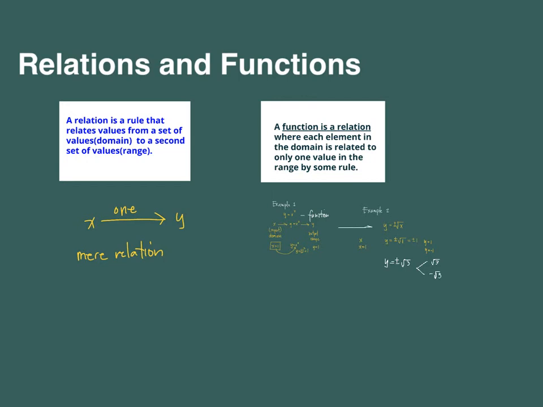So notice that this rule shows an example in which a single value in the x is leading to two values in the y. Clearly, this is not a one-to-one situation. Therefore, this example is just a mere relation. So that's how you identify a function from a mere relation. Always go back to the idea that a single x should only be paired to one single output.